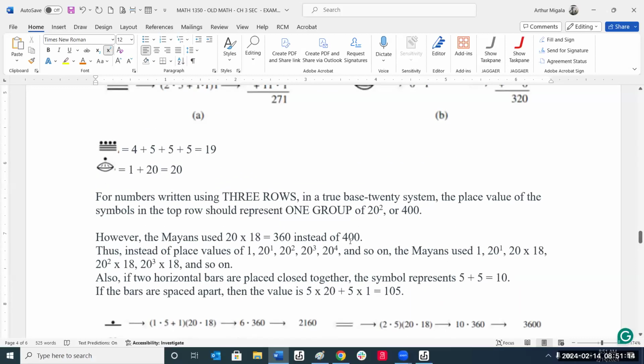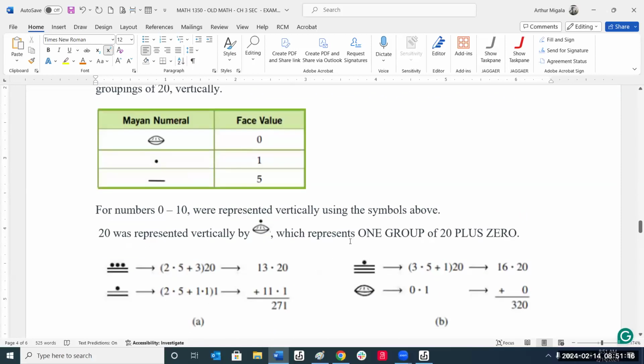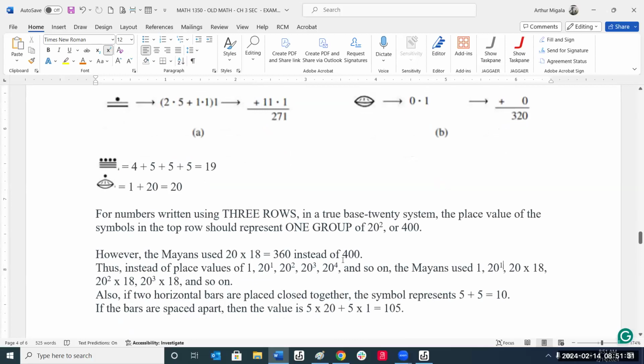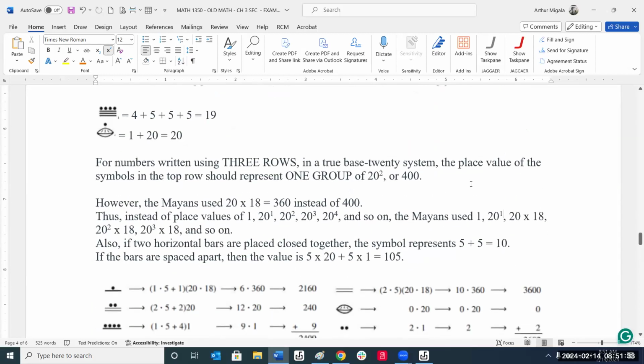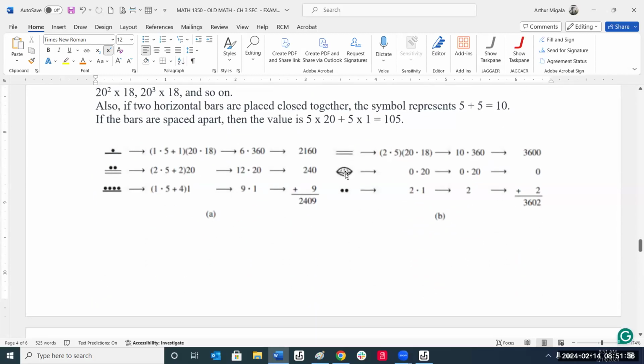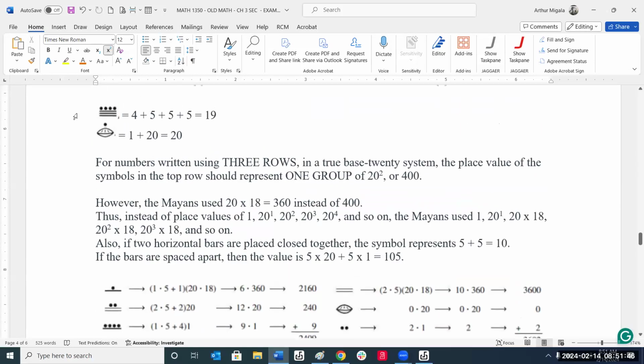Here's what I think is erroneous about this. The seashell here is worth what? 0 is worth that. But now, how does it go from this to one dot on top of it? What is that? Making it 20.